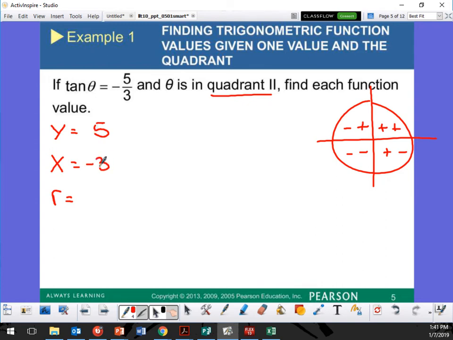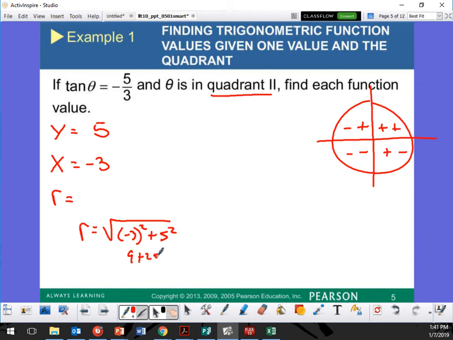How do I find the r? Pythagorean Theorem, right? So r is equal to the square root of x squared plus y squared, right? So negative 3 squared plus 5 squared. So it's 9 plus 25.